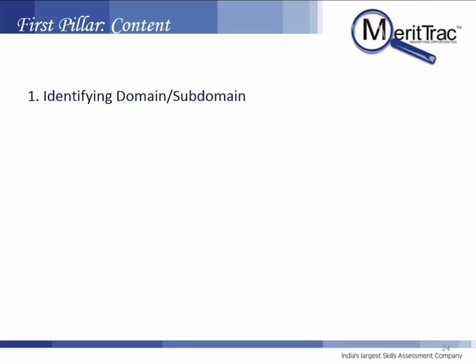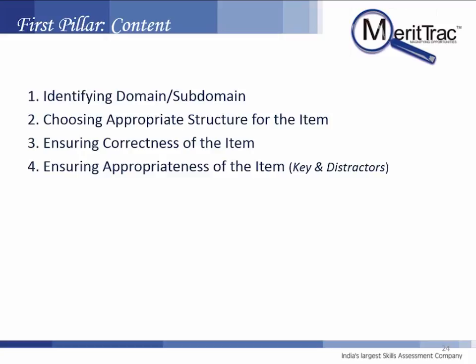So the first pillar, content, has 5 parts to it. The first, we must identify which domain, subdomain it pertains to. Second, we must choose the appropriate structure for the item. If you have only 3 options and you want to fill it up with none of the above, all of the above, that's something not accepted at all.